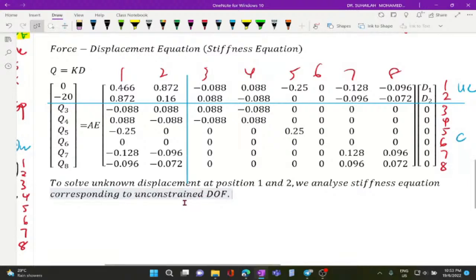To solve unknown displacement at position 1 and 2, we analyze the stiffness equation corresponding to unconstrained degree of freedom.